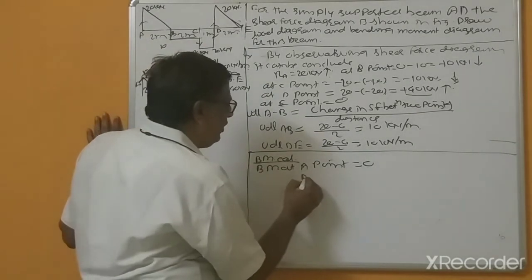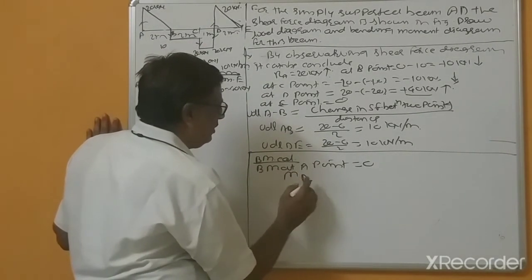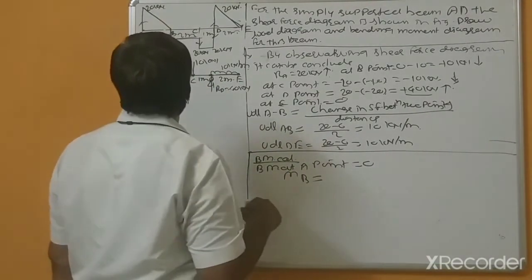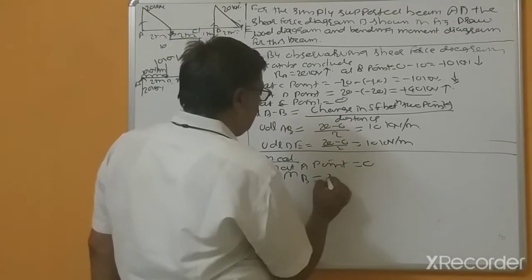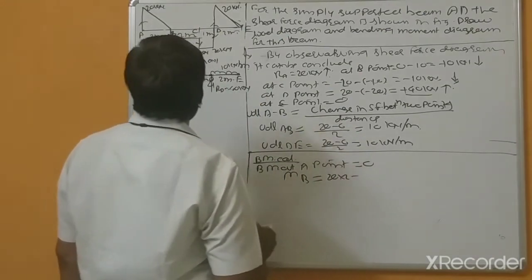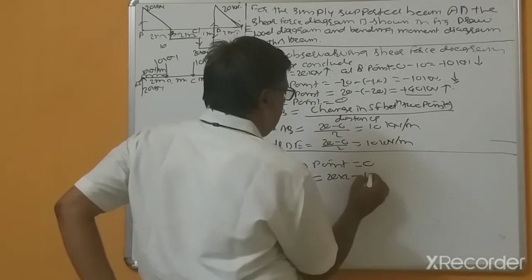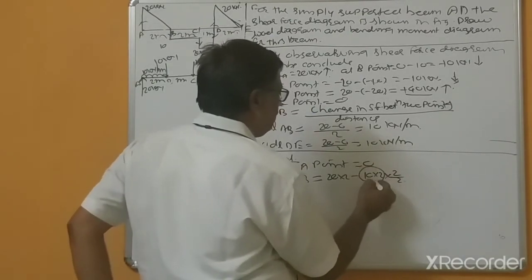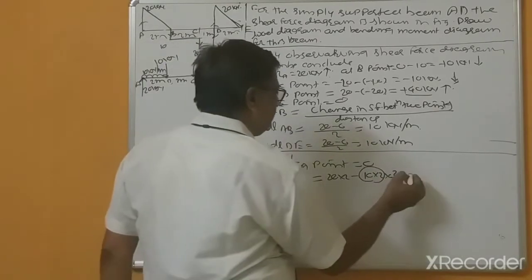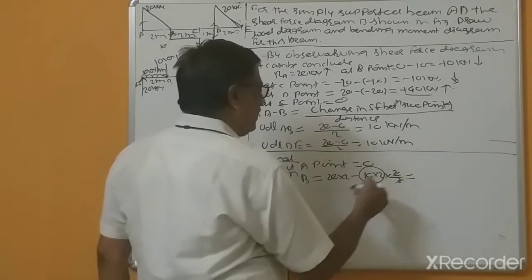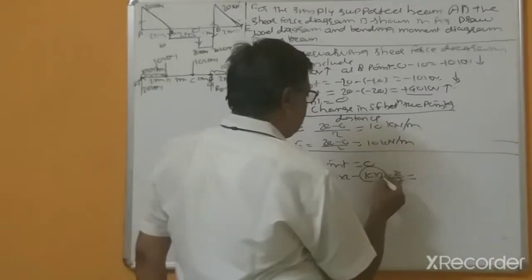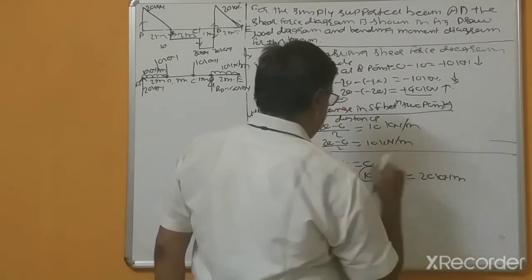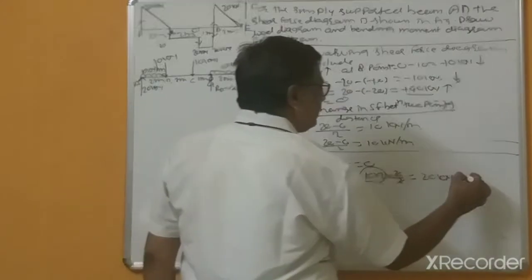Bending moment at B point, now briefly I am writing MB, and because of limitations about the time, 20 into 2 minus 10 into 2, and distance divided by half of its distance. This is shear force, half of its distance. So this 2 will get cancelled. 40 minus 20, this is 20 kilonewton meter, and this is clockwise.